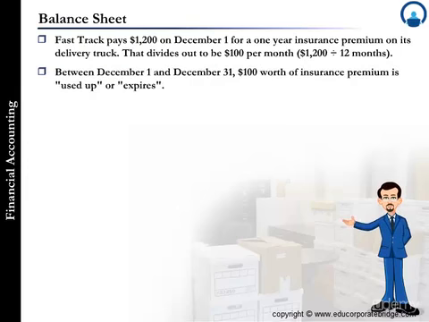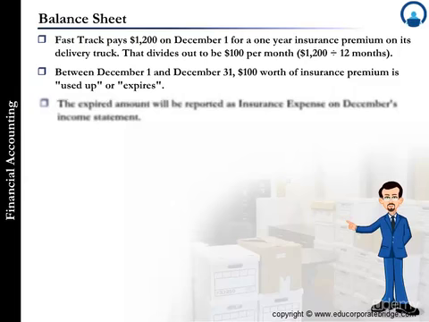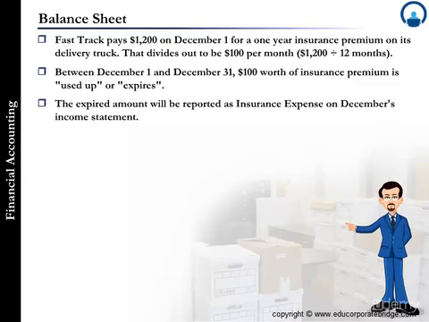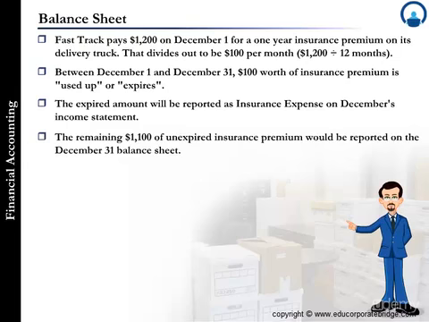Between December 1 and December 31, $100 worth of insurance premium is used up or expires. The expired amount will be reported as insurance expense on December's income statement. The remaining $1,100 of unexpired insurance premium would be reported on the December 31 balance sheet.